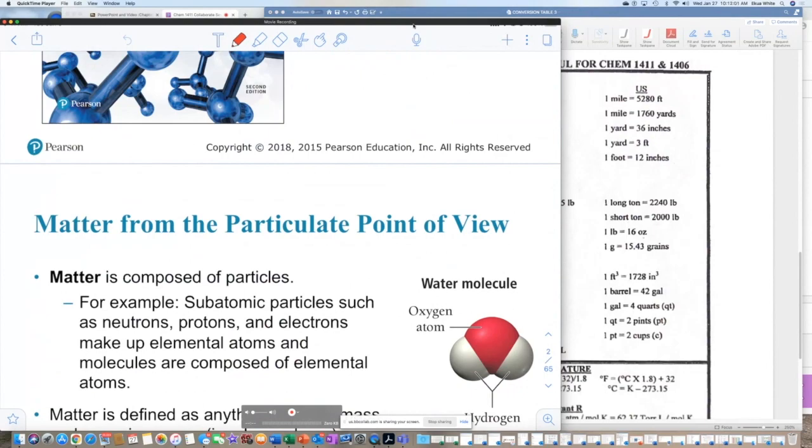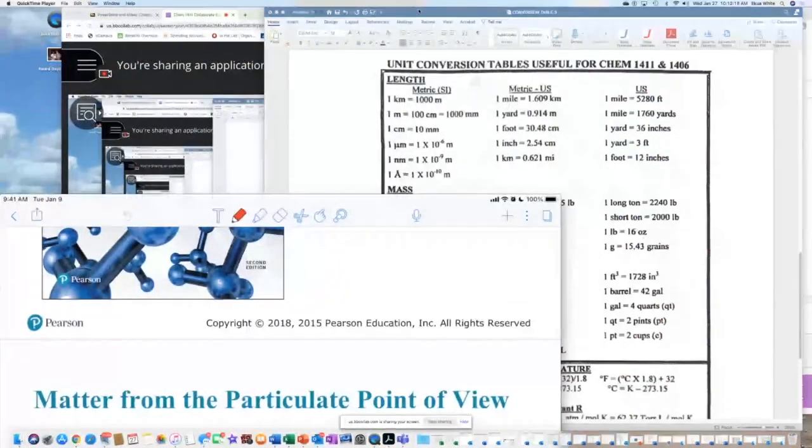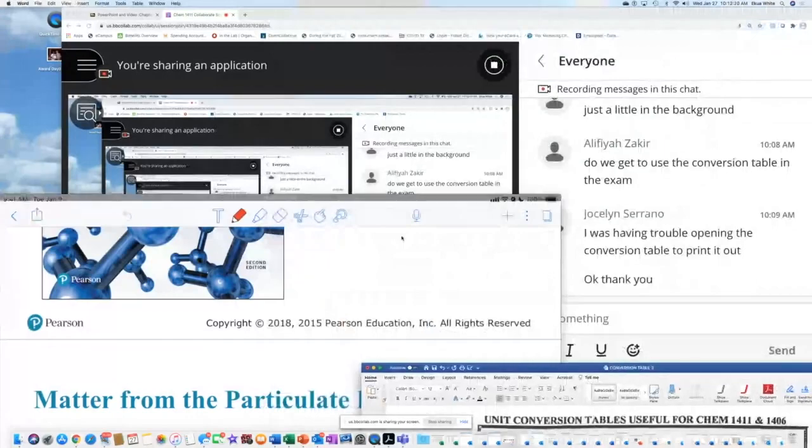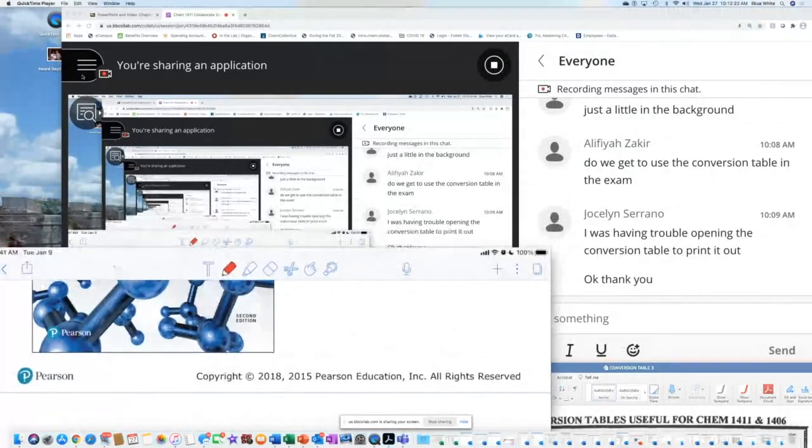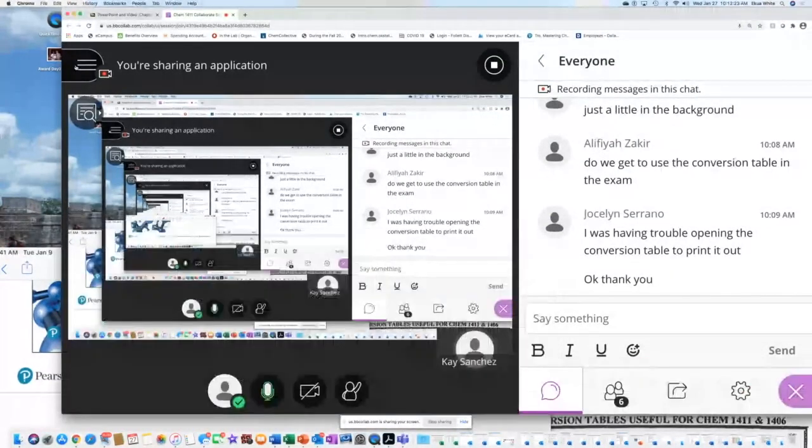So to do: add conversion table to chapter E, because we do use it at the end of chapter E. Okay. Oh, I forgot. I have to stop the recording so that I can post it, so this makes no difference to you. So let me just stop.